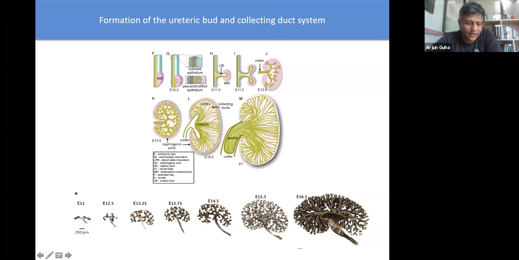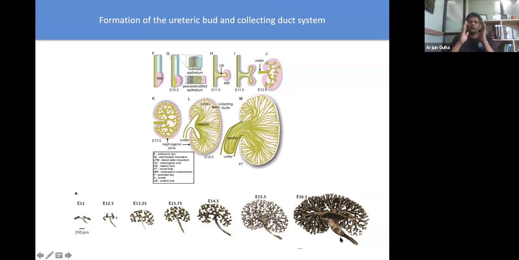So what you can see here, for example, is a cast of how the process of ureteric bud formation and collecting duct formation happens in a developing kidney. So there is an initial process of branching, and then this branch structure undergoes a repeated program of branching morphogenesis to yield this entire structure.